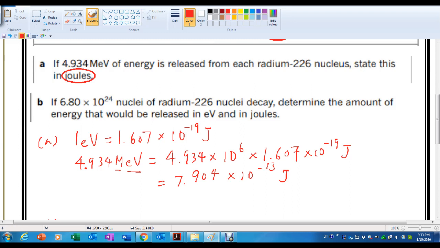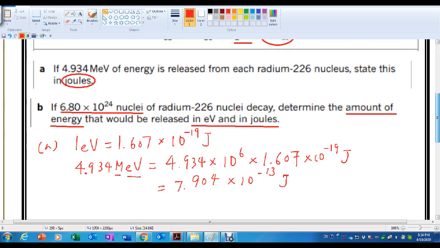Basically you need to calculate the amount of energy in electron volts or in joules, and there are that many nuclei. How could we calculate that?